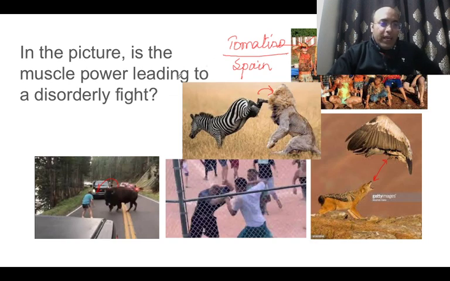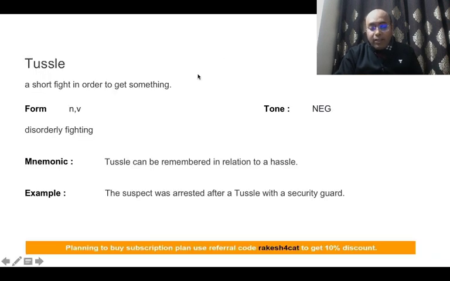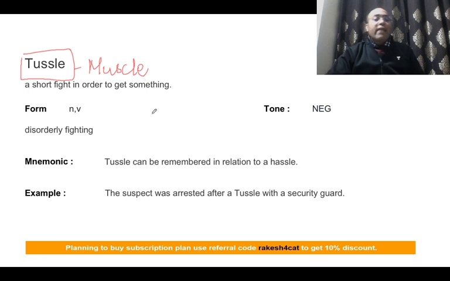So we get here in this picture: is the muscle power leading to a disorderly fight? The answer is yes, the muscle power is leading to a disorderly fight. With muscle, we can remember the word tussle. So tussle, muscle. If you remember this as tussle, muscle, again a fight, you would be able to recall the word tussle.